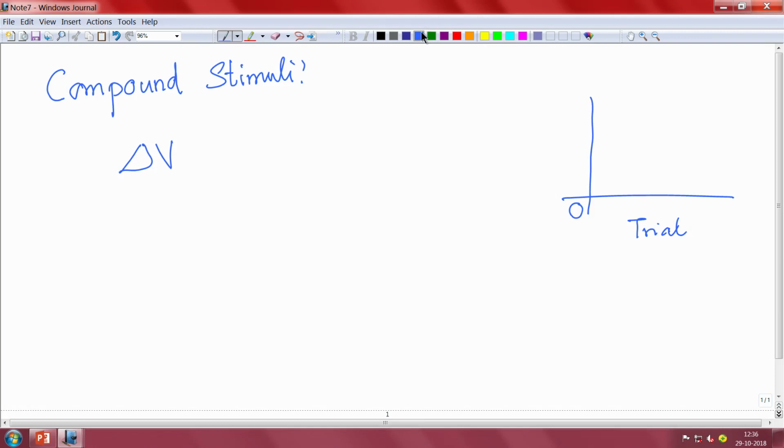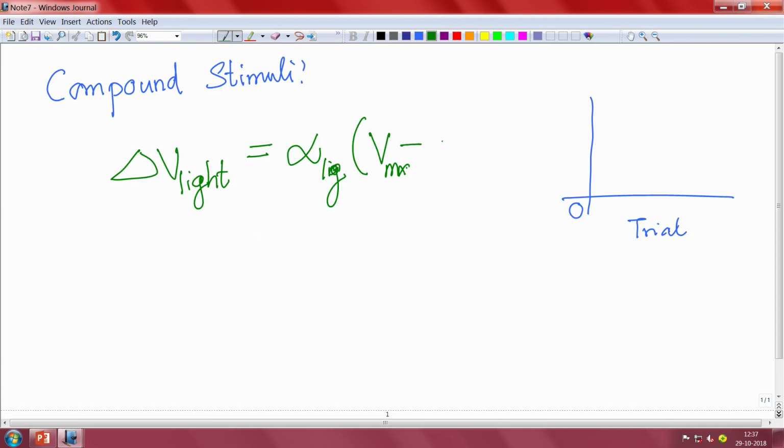So, if I were to ask the learning incurred during this compound trial for the light, that would be alpha light times V max minus V tone plus V light at the start of the trial.